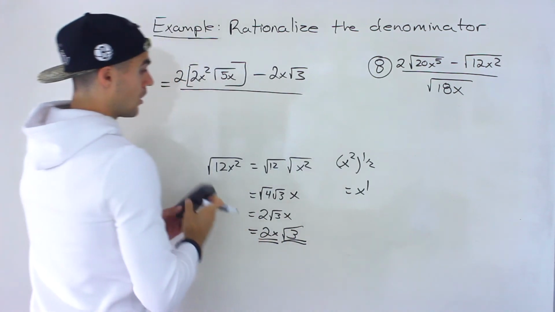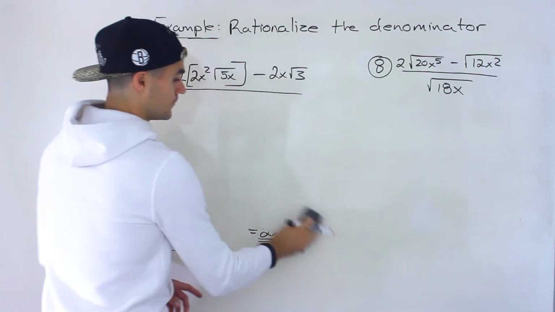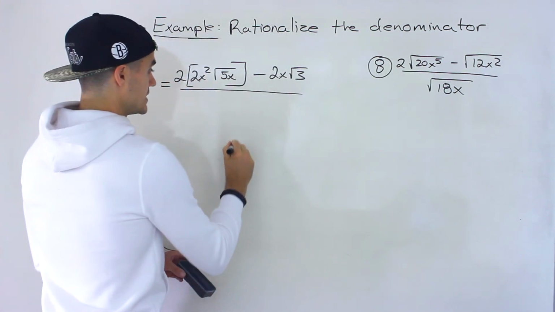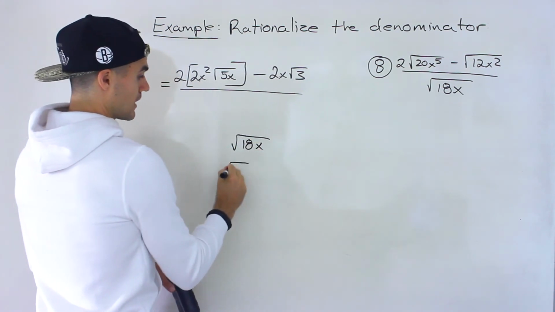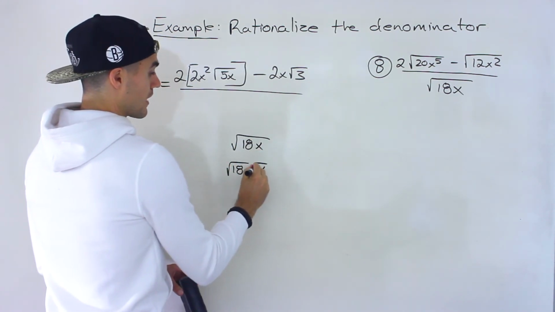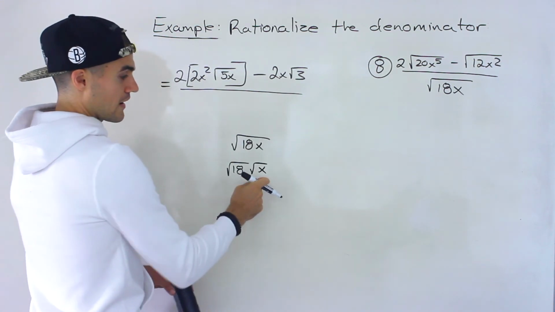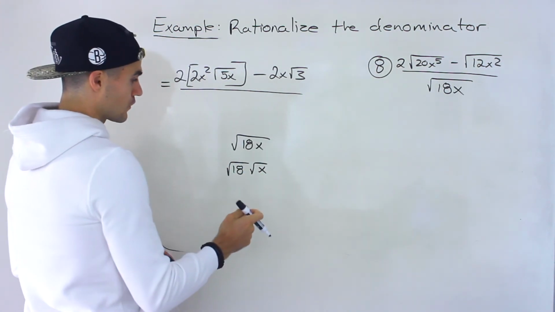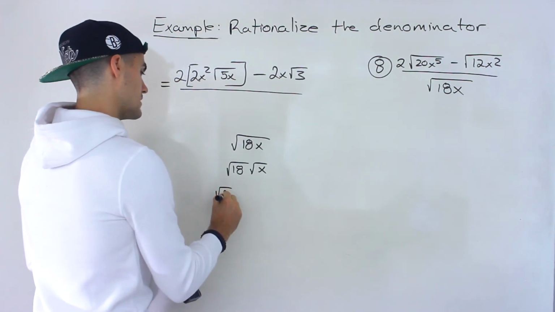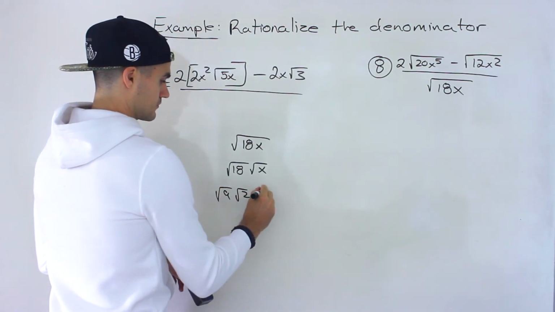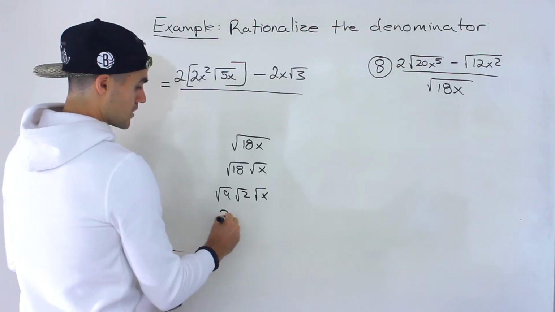And then that's going to be all over the square root of 18x. What does this simplify to? Well, we have the square root of 18, square root of x. Square root of x, can't simplify that any further. Square root of 18, we'd have root 9 times root 2. And so that would be 3 root 2.